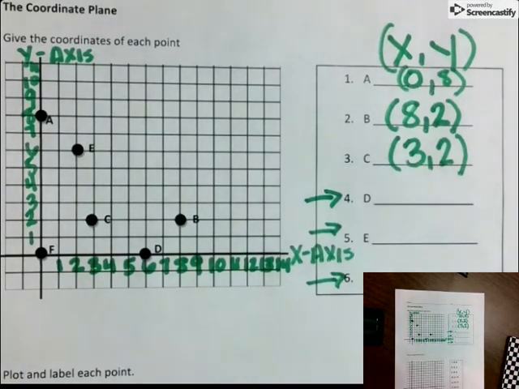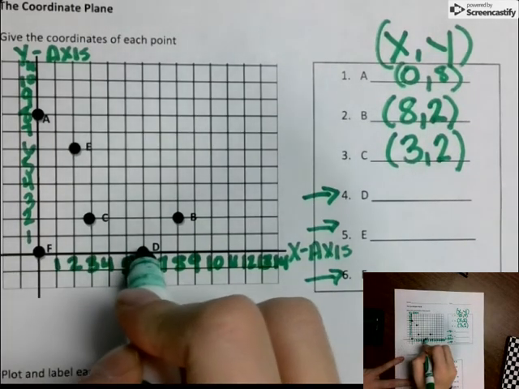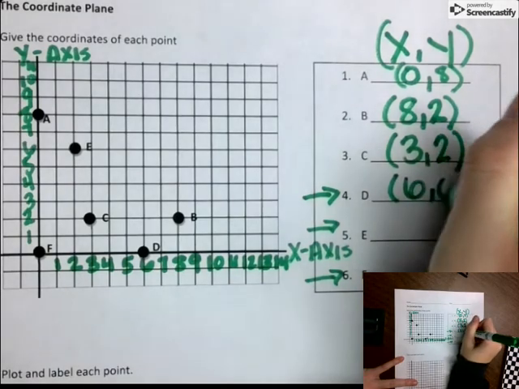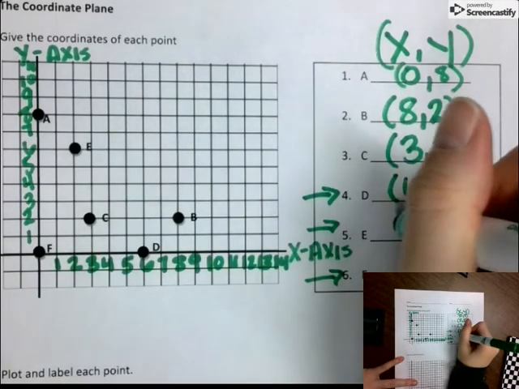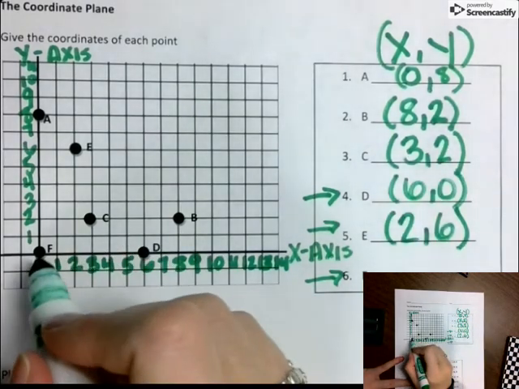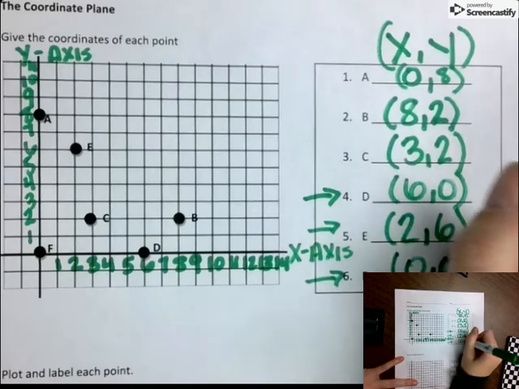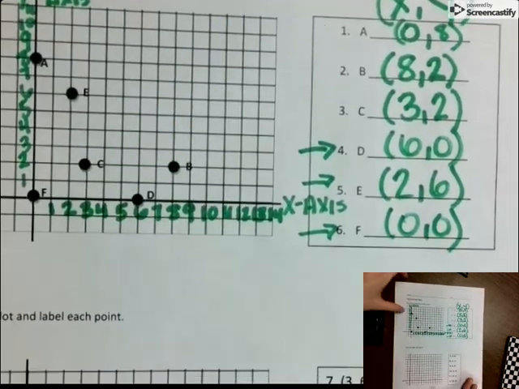Welcome back. For D, you should have 6, 0. For E, you should have 2, 6. For F, you should have 0, 0. Okay? Now the bottom.